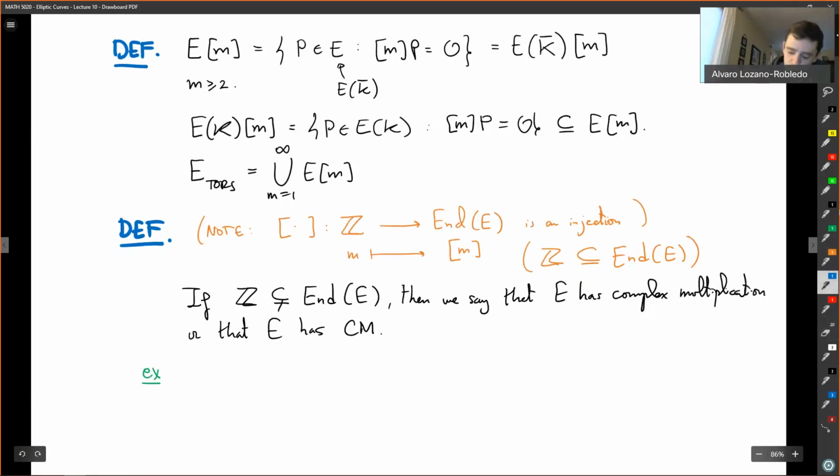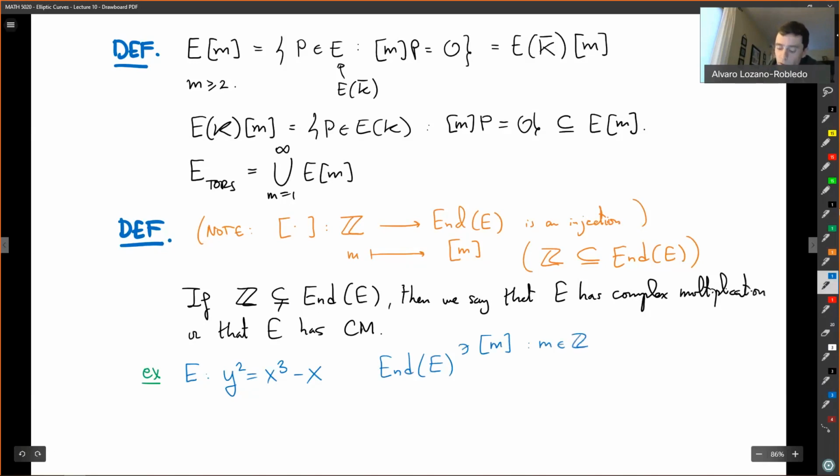We've seen an example, which is E. What are the endomorphisms of this elliptic curve? On one hand, we have all the multiplication by M maps.